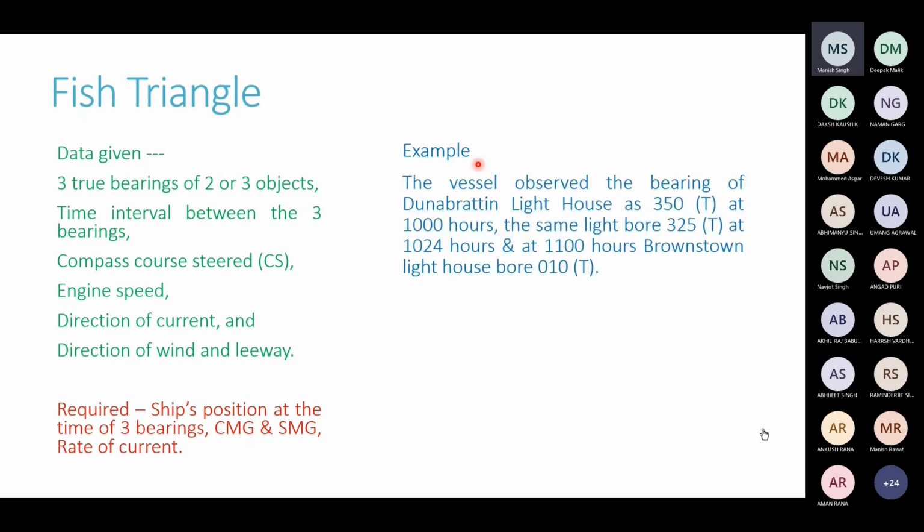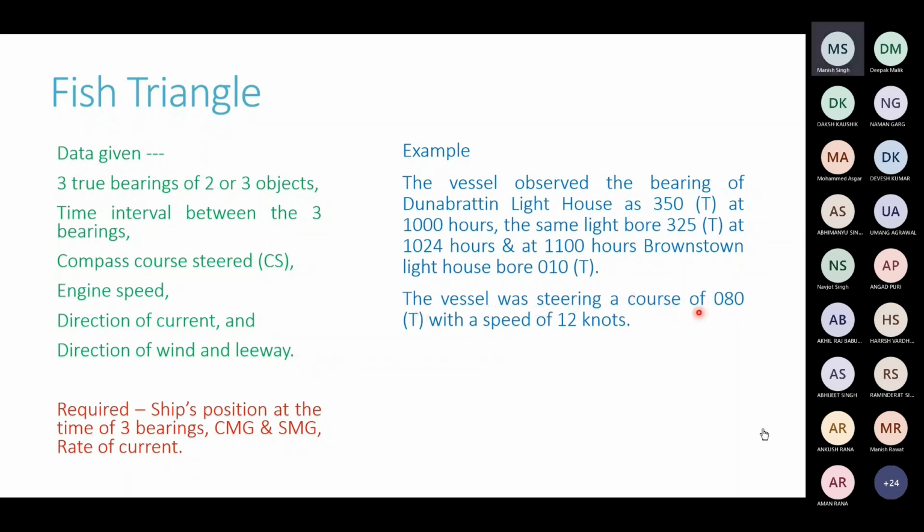We have an example question here. The vessel observed the bearing of Duna Breton lighthouse as 350 true at 1000 hours. The same light bore 325 at 1024 hours, and at 1100 hours, Brownstone lighthouse bore 010.